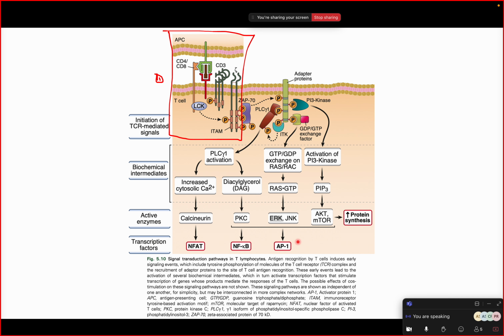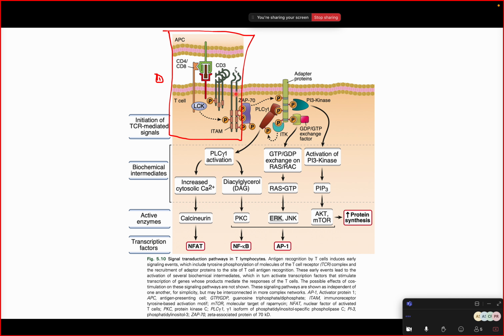It will make proteins for which the transcription factors are now available, and it will increase protein synthesis. What sort of proteins are increased? Those regulated by NFAT, the proteins controlled by NF kappa B, the proteins associated with AP1. All these transcription factors will increase the synthesis of only those proteins regulated by such transcription factors.